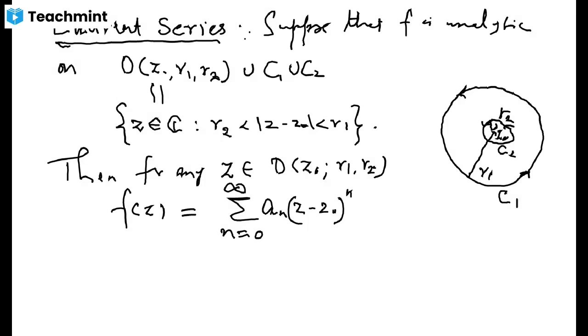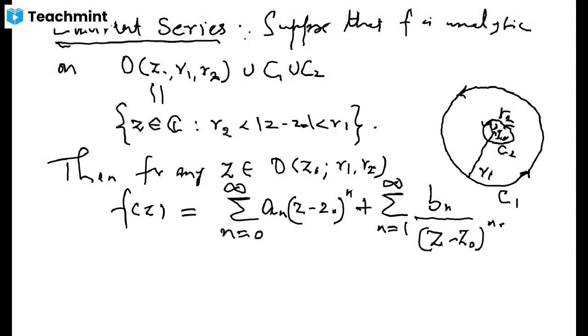So this gives another additional part of this series, and this part starts from 1 to infinity, and you may notice you will have negative powers here. It is z minus z naught to the power, let me write it as n minus 1.